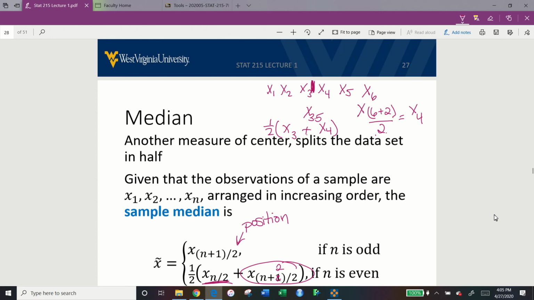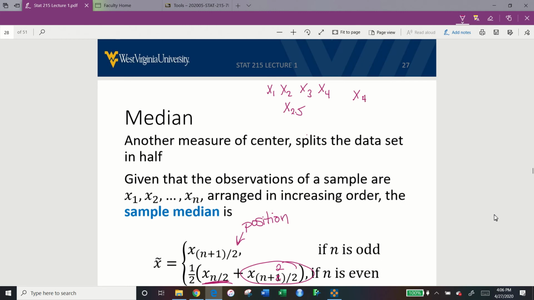So let's try it with only x1, x2, x3, and x4. So now we know the answer should be x sub 2.5. Let's try it again with our new formula. So once again, we're going to do x n plus 2.